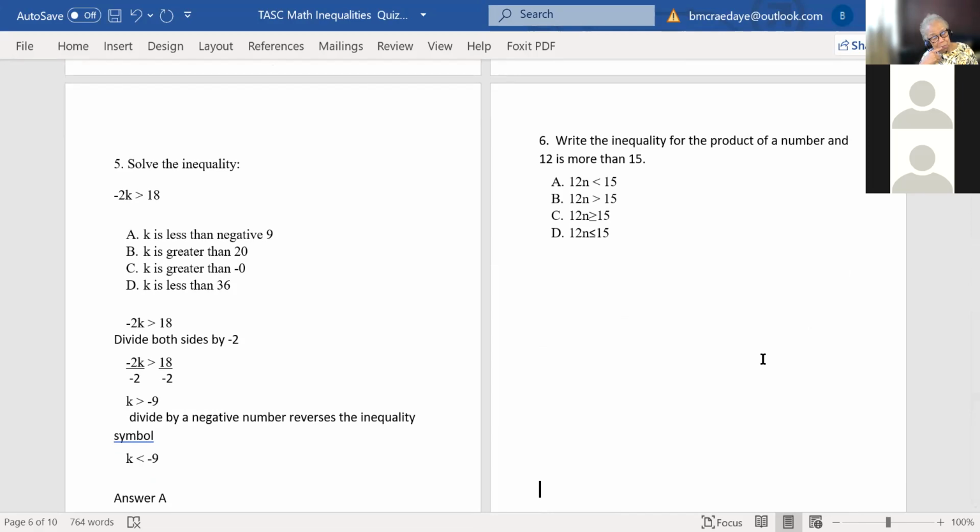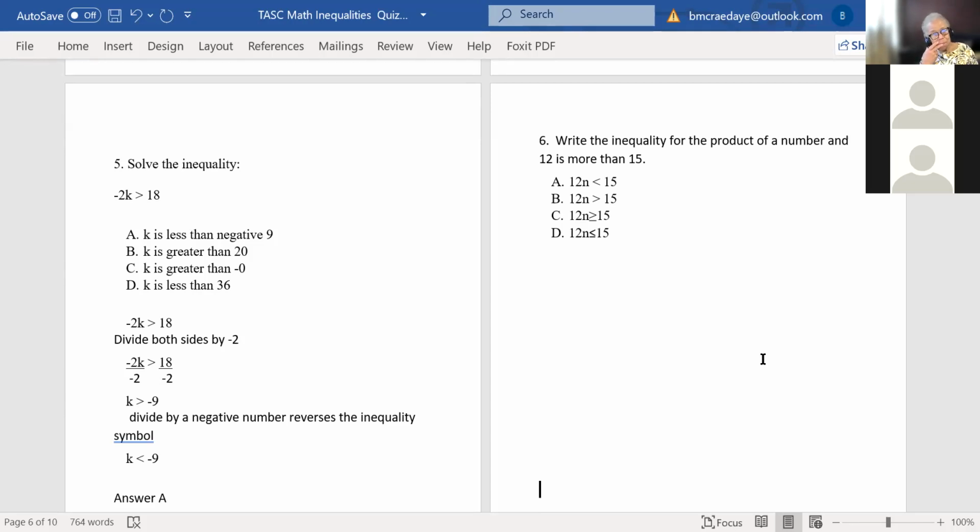The product is like add, right? No, multiply. Product is what you get when you multiply. It's the result of a multiplication. So write the inequality for the product of a number and 12 is more than 15. What's the answer?